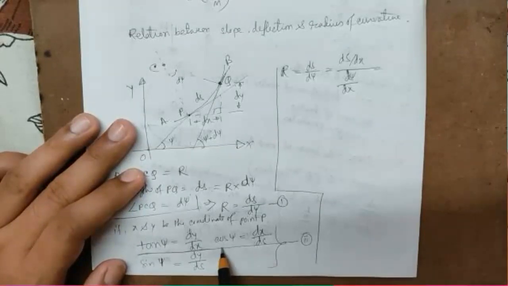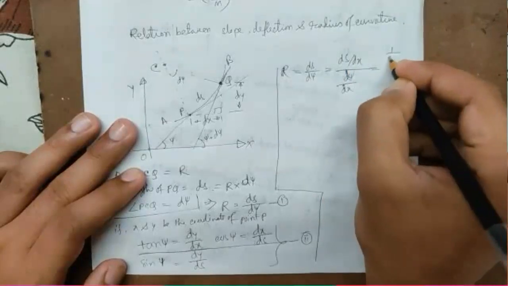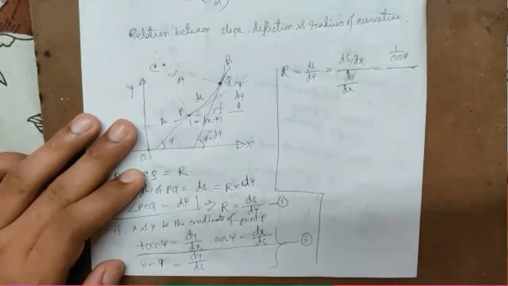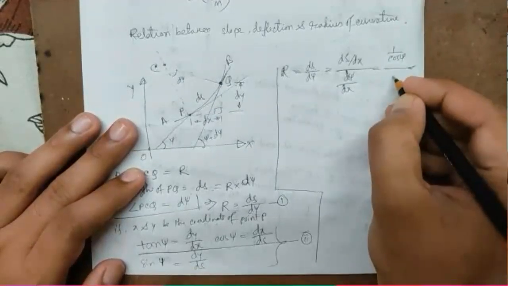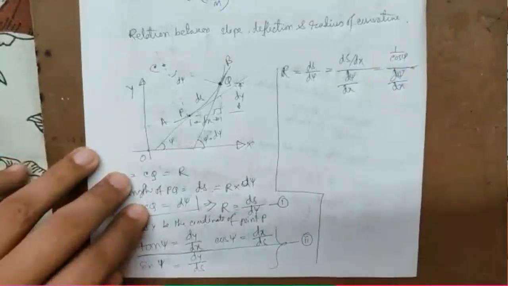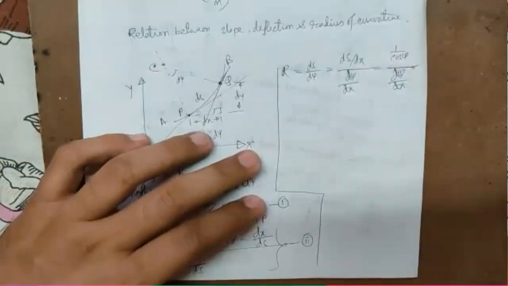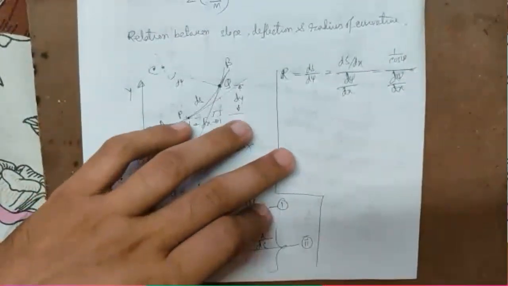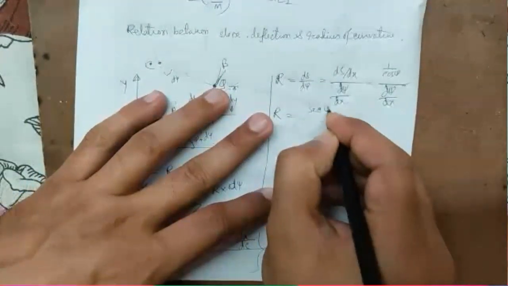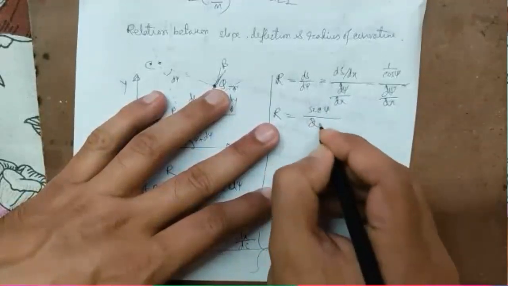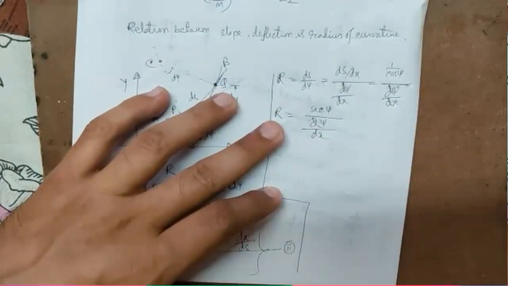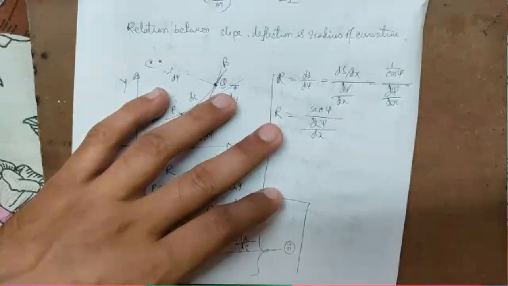So ds by dx can be replaced as 1 by cos psi, and d psi by dx will remain as it is. Now 1 by cos psi can be written as sec psi. So R can be written as sec psi divided by d psi by dx. We are still just doing geometry.